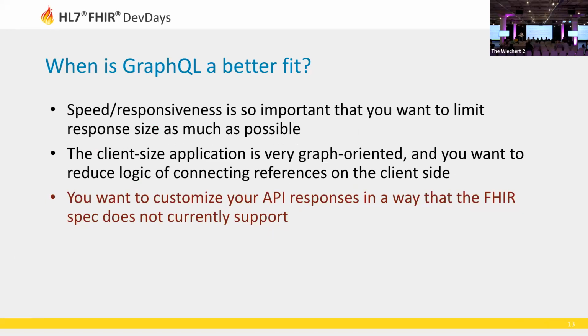Is it really important to you to be able to get back a tiny response? Is it very important to you that the response really reflects the graph structure? And if you are like us, there are some things about the FHIR API that your customers might have said, oh, this really doesn't work for us, can you come up with a better solution? And you might look at the FHIR GraphQL spec and go, maybe we can do something that is not totally standard and see how that works out.